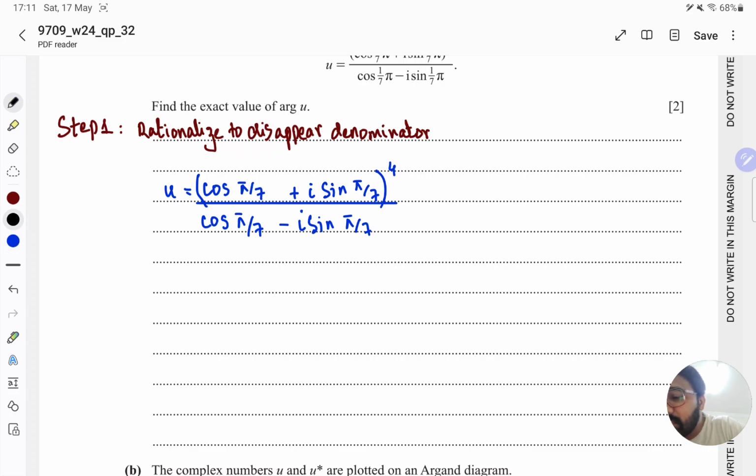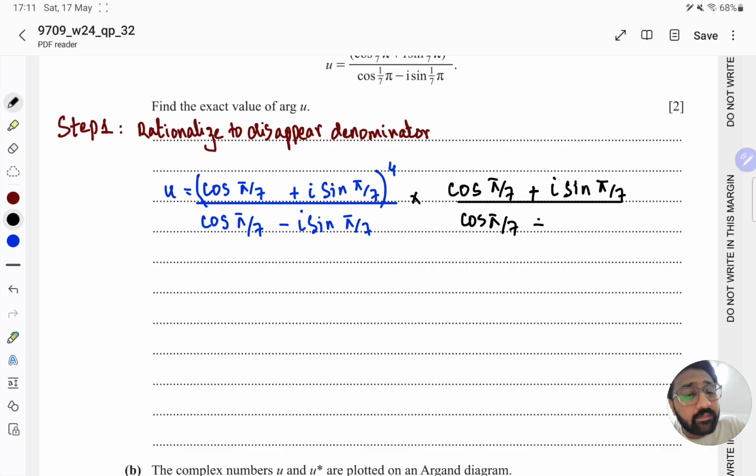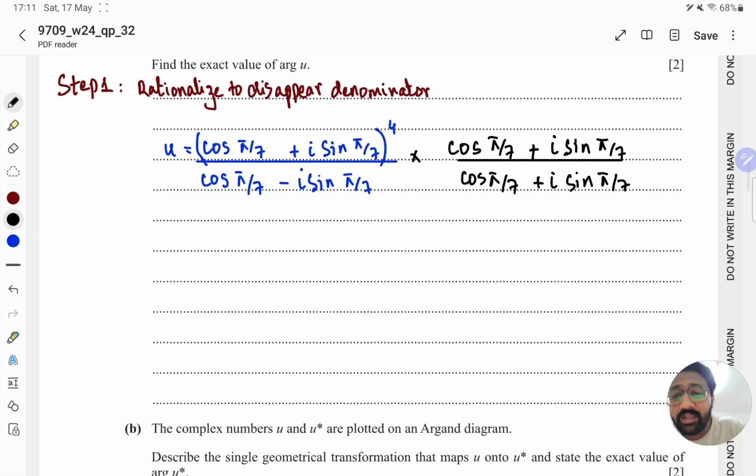So to do the rationalization, I will multiply by the conjugate of the denominator. So for that it will be cos pi by 7, minus minus will change into a plus, i sin pi by 7, divided by cos pi by 7 plus i sin pi by 7. Numerators will multiply with numerators, denominator with denominator. So if you look at the numerator, there is not going to be any change because both of them are the same thing. The power will just increase.